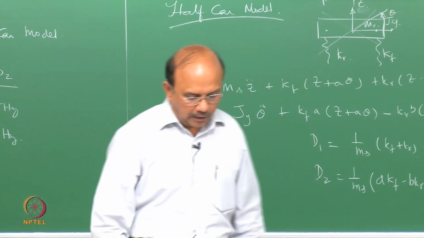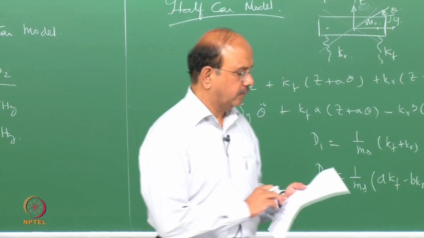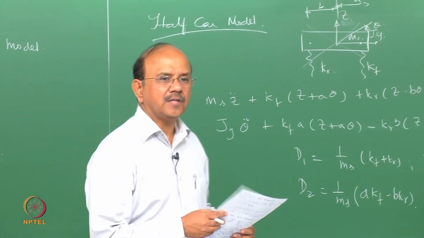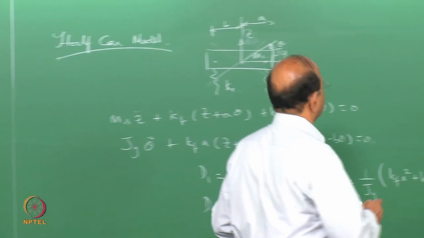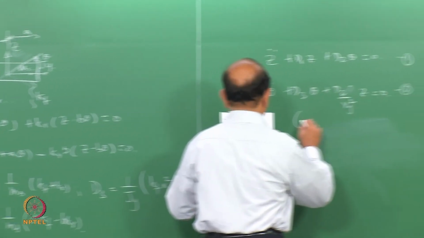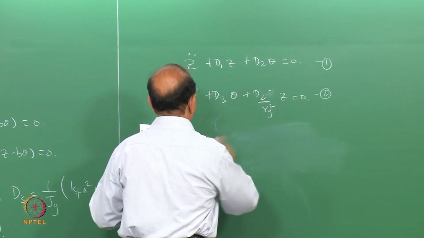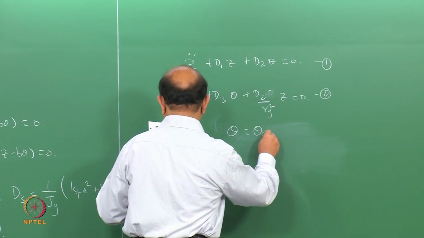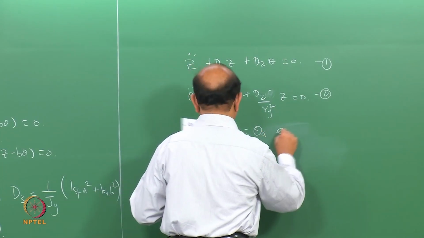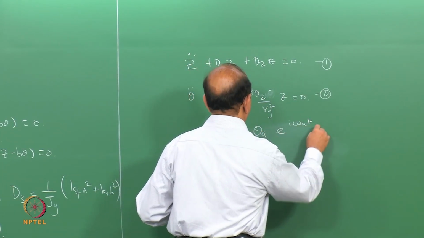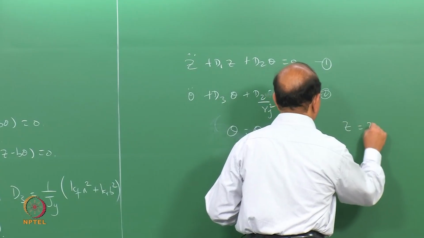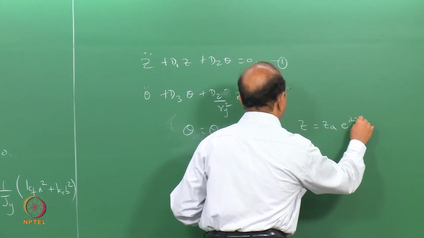Now, let us look at how to calculate the natural frequencies for this, and all of you know it. I'm not going to write down too much on that. I can assume a solution of the form theta equal to theta A e power i omega n t, and z equal to z A e power i omega n t.